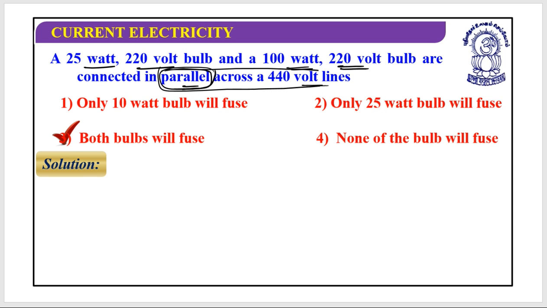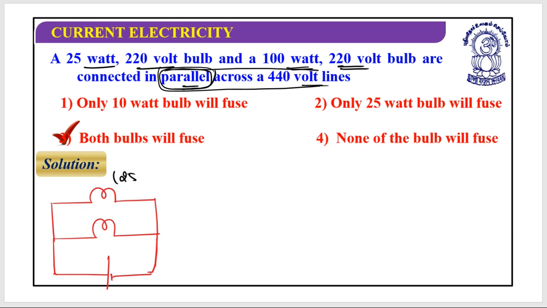Let's first have a rough sketch of the situation. This is the first bulb, this is the second bulb, and both are connected with one another to the supply. The rating of the first bulb is 25 watt, 220 volt.